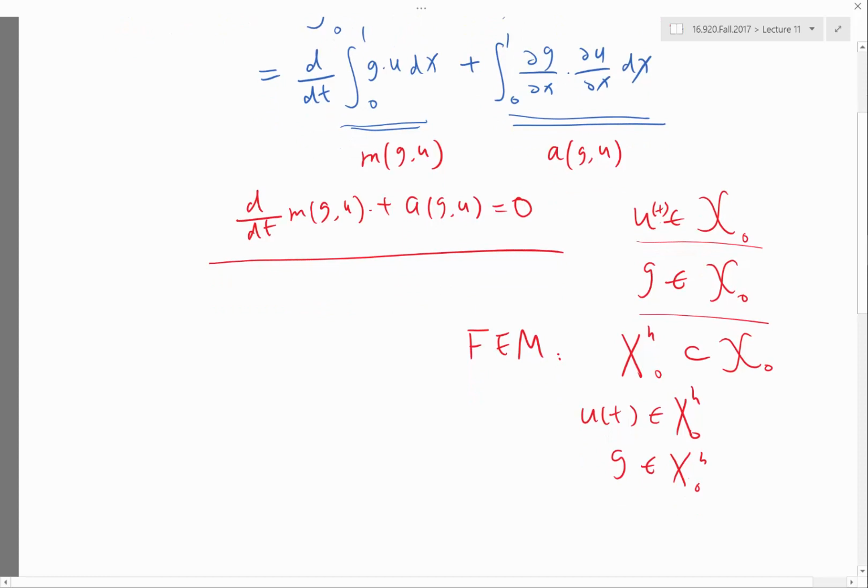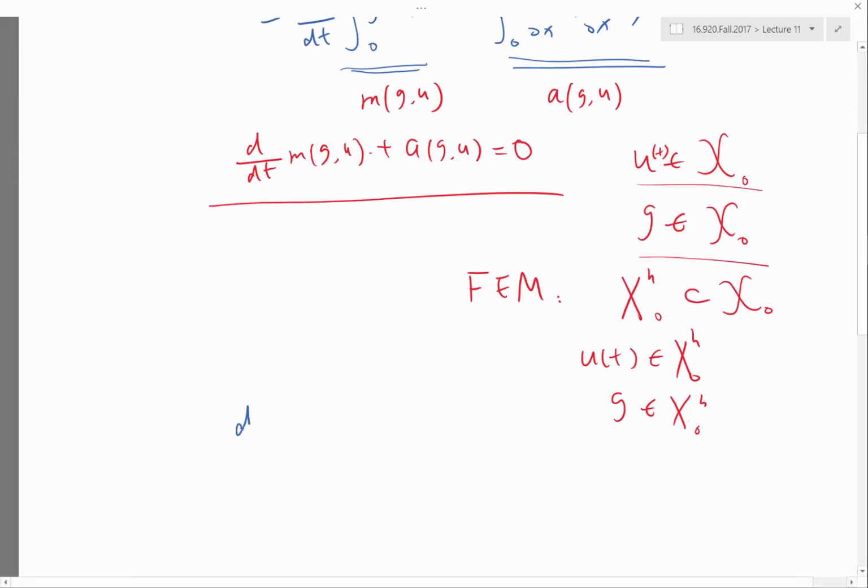With that, what I have is d/dt of M times a particular h_j, a basis function of the space. Sorry, h_j. I have been not very consistent with notation. h_j is a representation of g. If this equation is satisfied for all the h_j's, then it has to be satisfied for all g's.